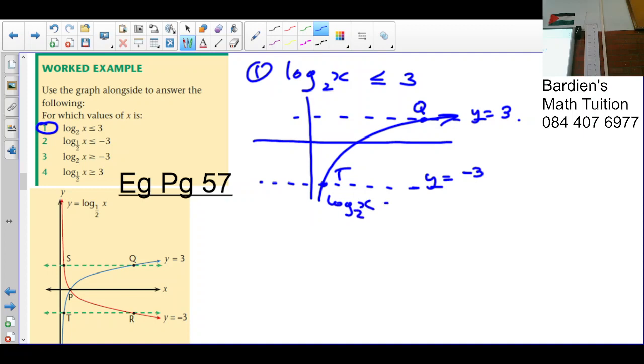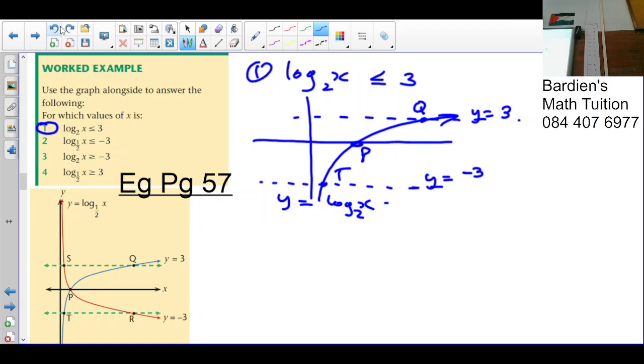So the question is, where's log x base 2 less than or equal to 3? So to which point will I go on this graph? I must go to point Q. Why Q? Because this 3 is a y value. Not so?